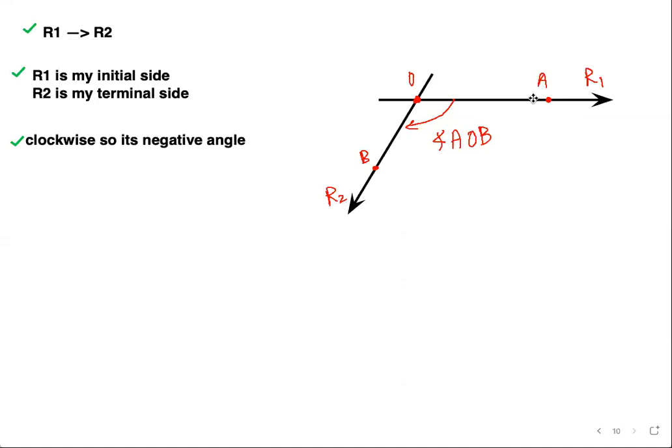The rotation starts from R1 and goes to R2, so the angle will be like this, opening like this. When the angle starts from R1 to R2 and looks like this, it's clockwise, and the angle here must be negative.